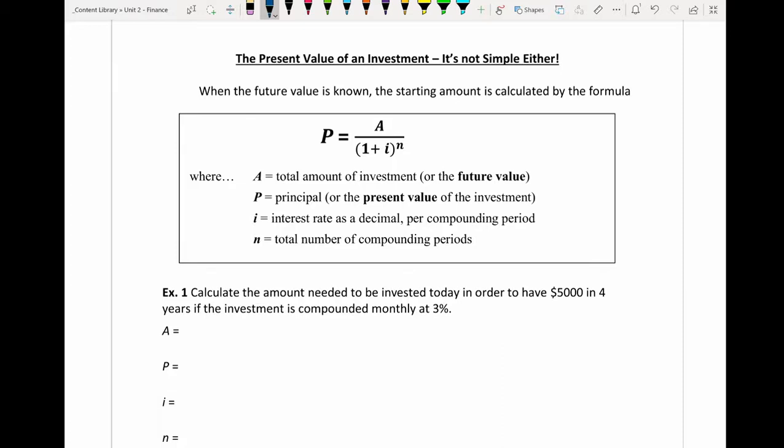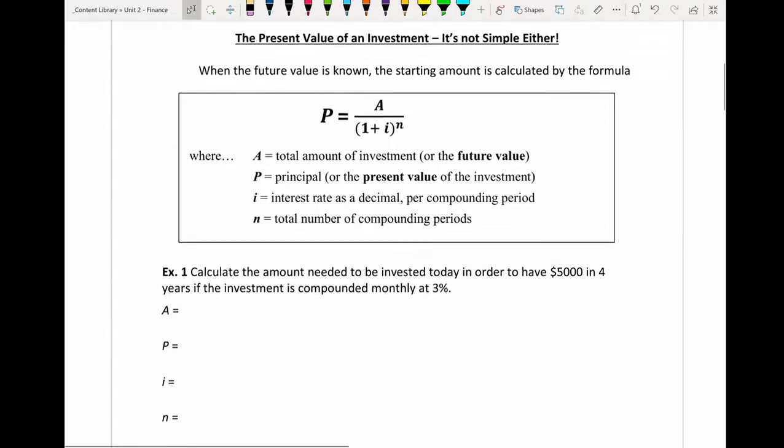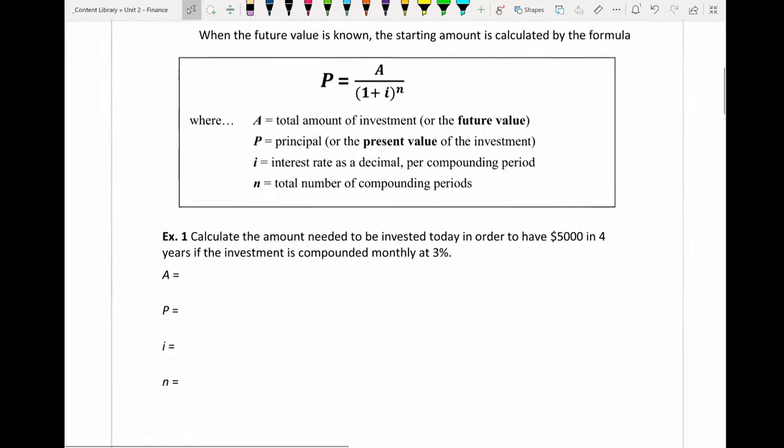Similar to compound interest, the variables mean the same thing, and we still have to calculate an I and an N value before we can actually use the formula. So the present value formula: P equals A divided by 1 plus I to the power of N. Hopefully you can see the similarities. It's the same variables as the compound interest formula, so everything should look familiar.